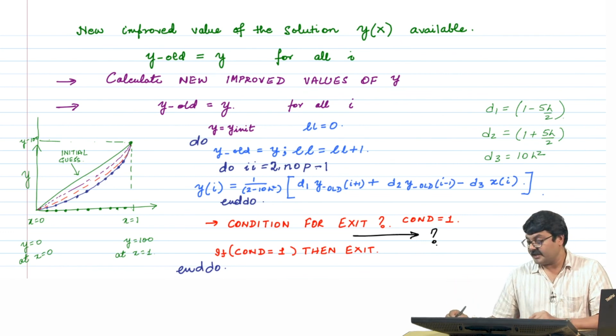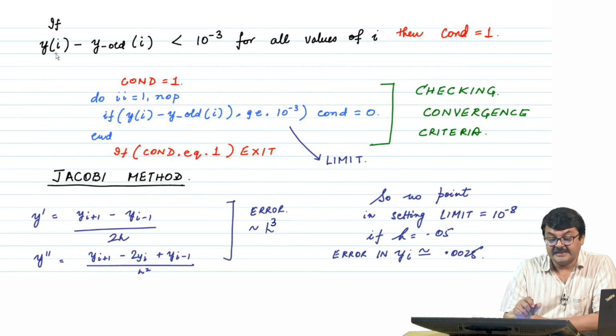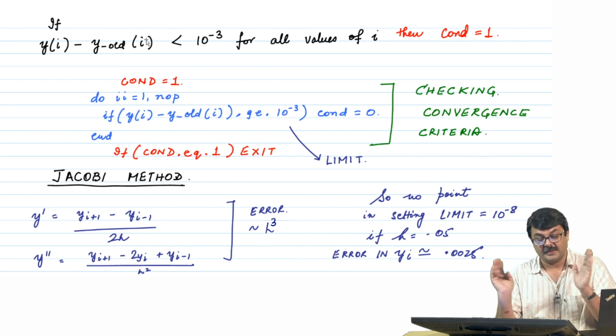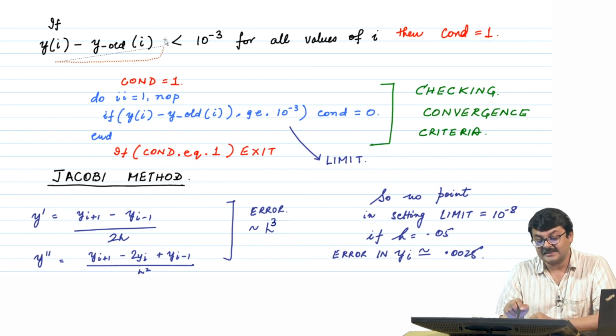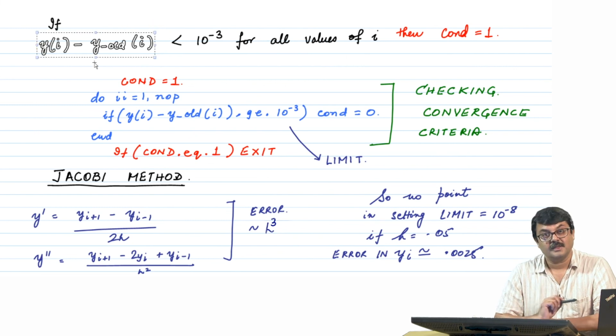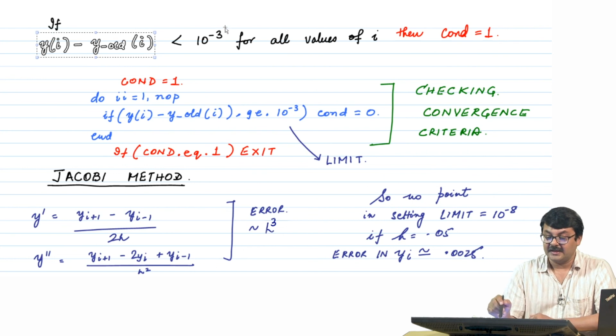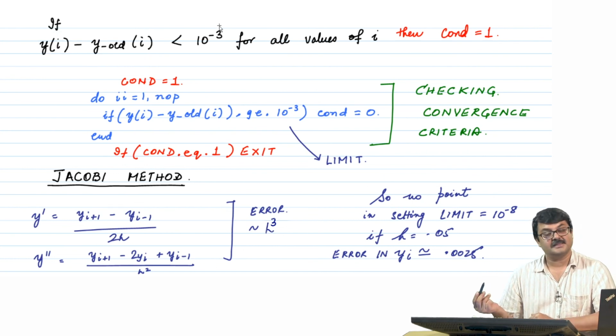But you have to check that for each value of I, for each of these grid points between the boundaries, the difference between the older yi and the newer yi is less than a certain limit.